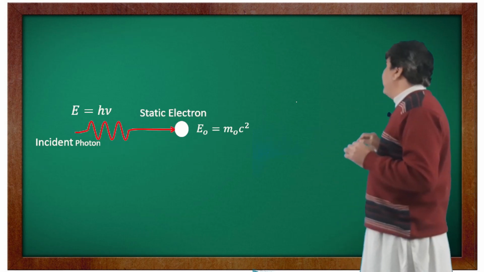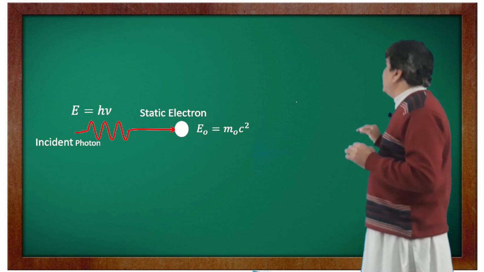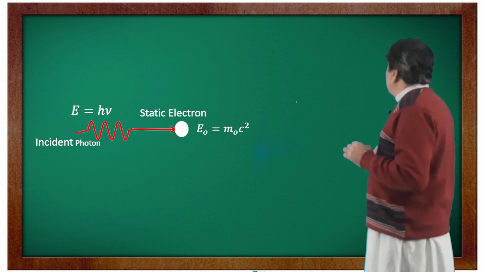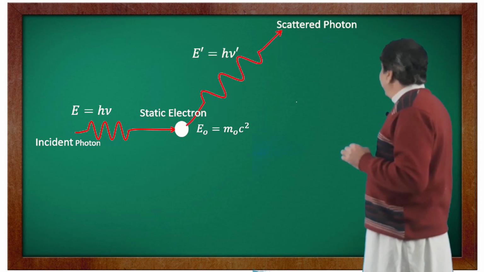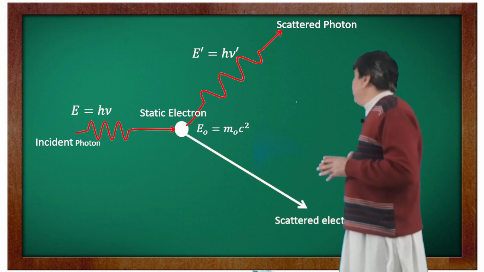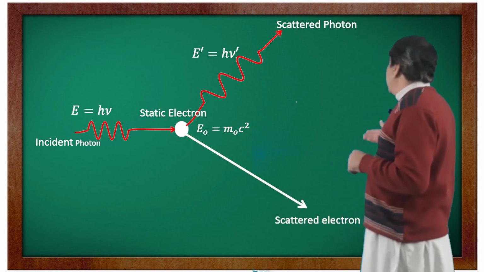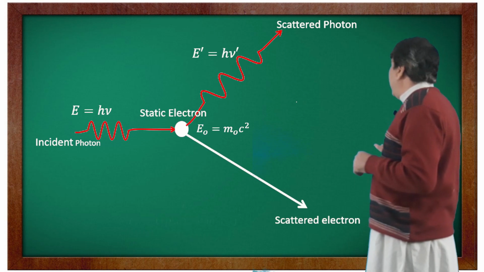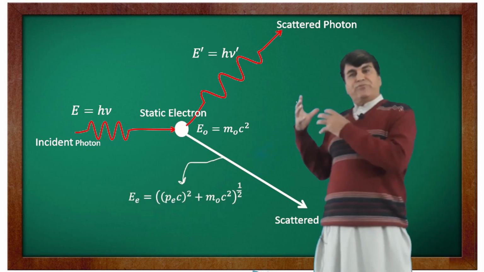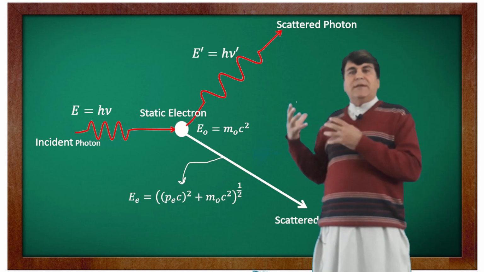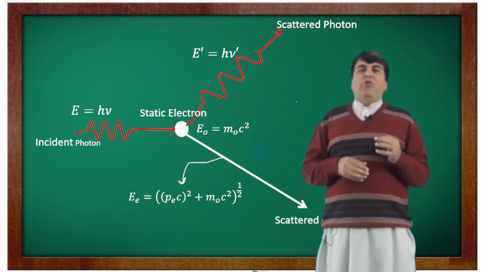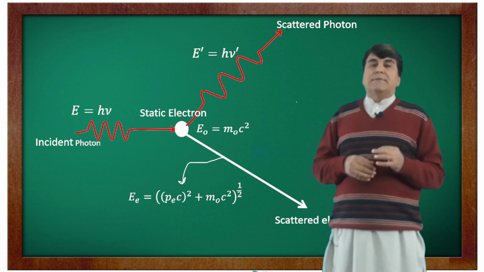A photon of energy E equals h nu is approaching along the x-axis, colliding with the electron and scatters in the xy plane with an energy E prime equals h nu prime. The electron recoils in the opposite ordinate in the same plane. As is visualized in the cartoon, the scattered photon has a longer wavelength.